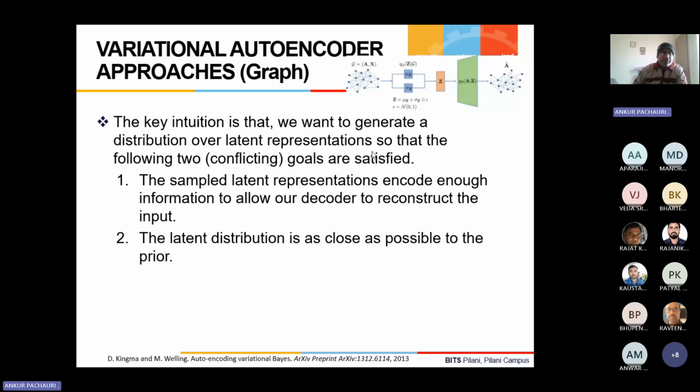So the key intuition is that we want to generate a distribution over the latent representation so that the following two conflicting goals are satisfied. First, the sampled latent representation encodes enough information to allow a decoder to reconstruct the input.